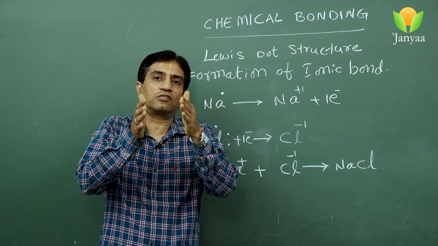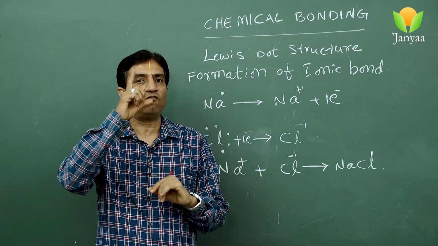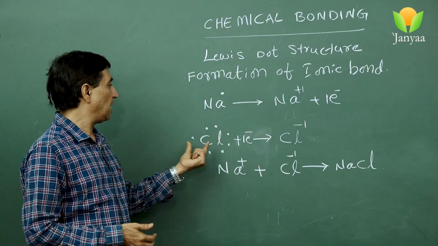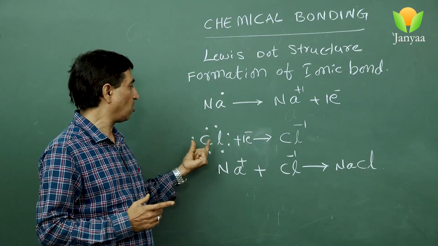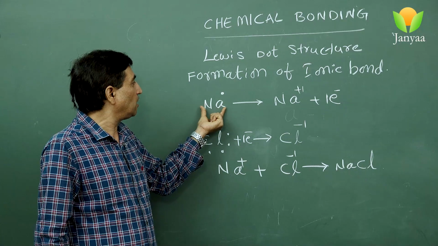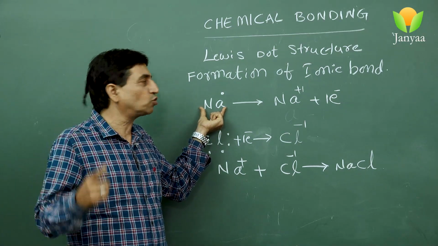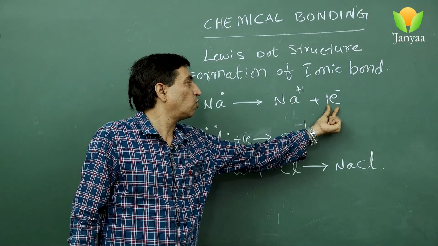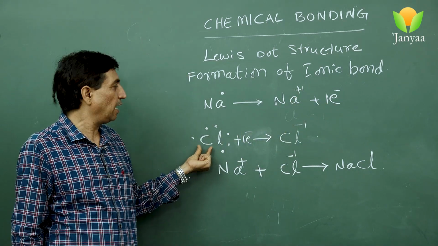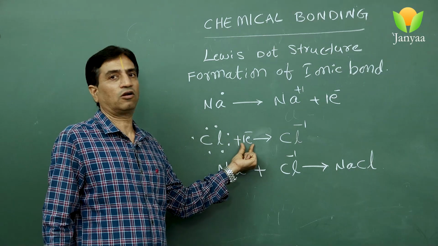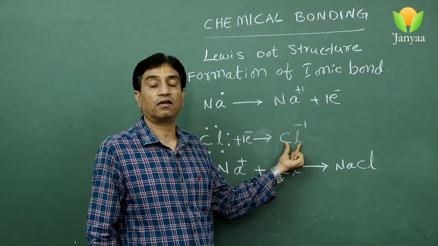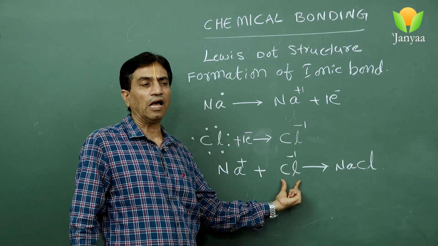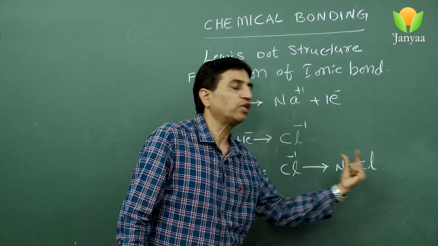Seven electrons are in its outermost orbital, so chlorine needs one electron to get an octet. Sodium needs to lose one electron to get an octet, and it has lost one electron. Chlorine attracts that electron and gains it, forming the chloride ion. So a positive ion and a negative ion come near each other and form sodium chloride.